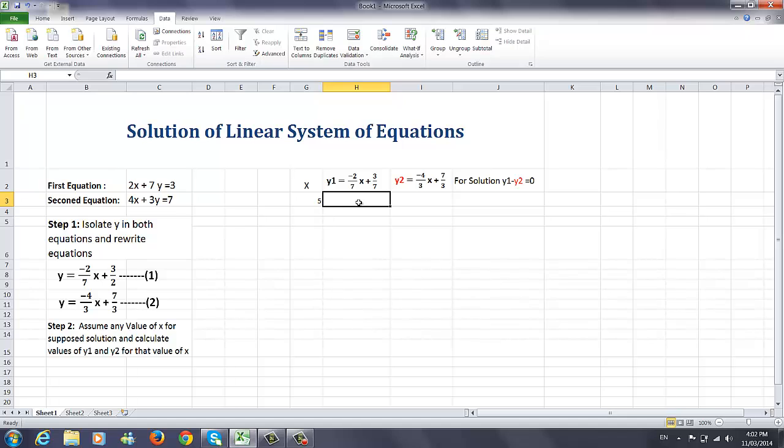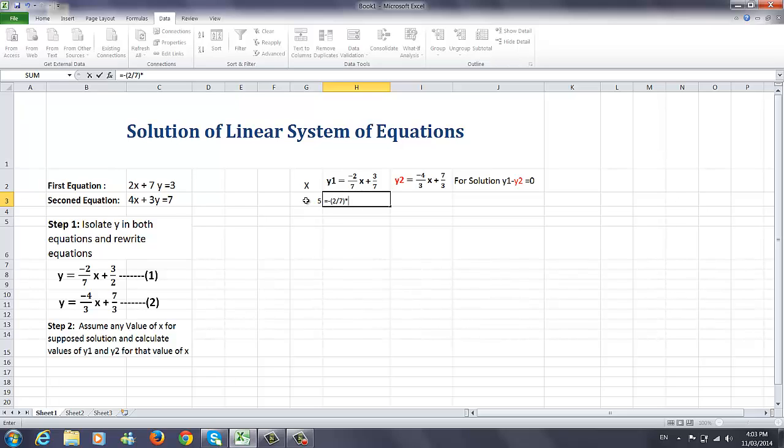So let's start entering the formula. Put the equal sign, always, that is the indication to Microsoft Excel that we are going to enter a formula. So equal and then negative sign, and then within brackets we're going to type 2 divided by 7, close the bracket, and then the multiplication sign. And then where is x coming from, because we want to calculate the value of y against the value of x, which is 5 in this case.